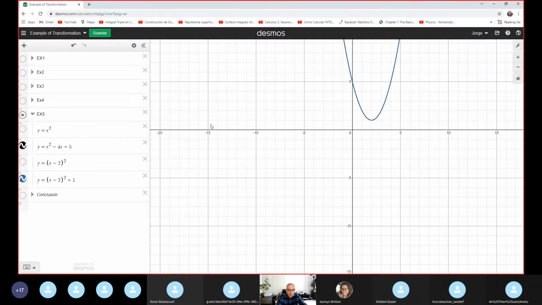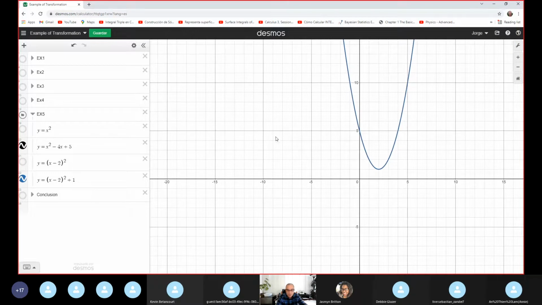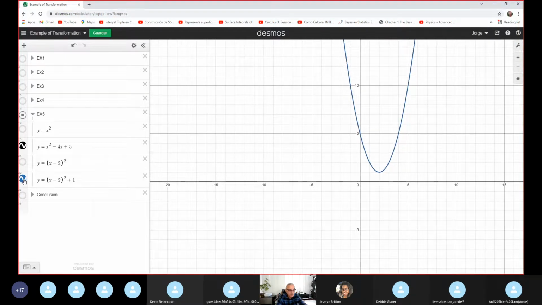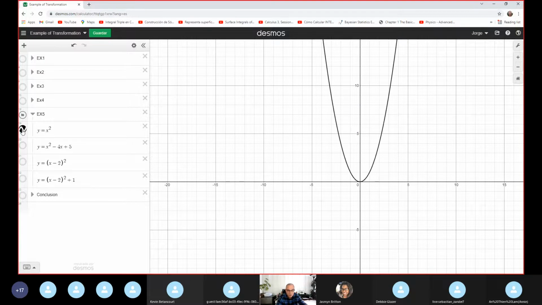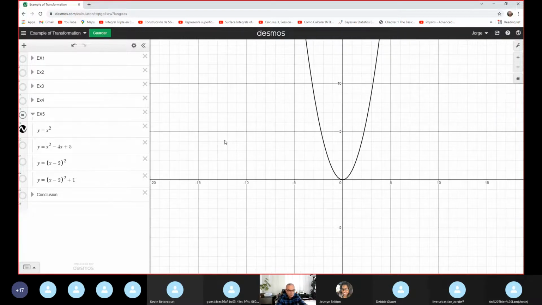Well, on example 5, this is the final answer. This is my basic function, it's a square. The first transformation is horizontal shift to the right. Look at that.